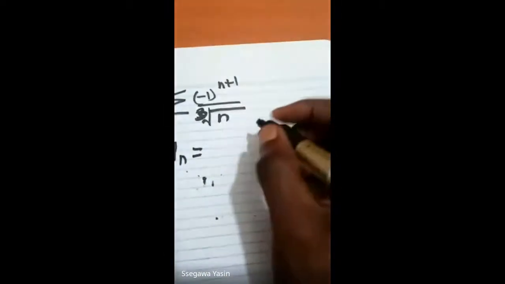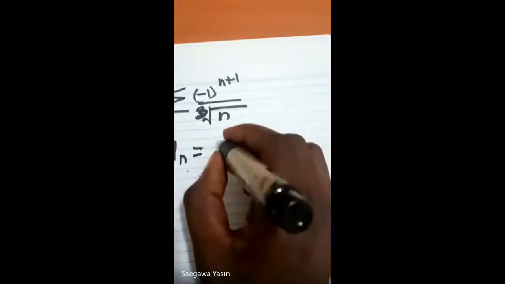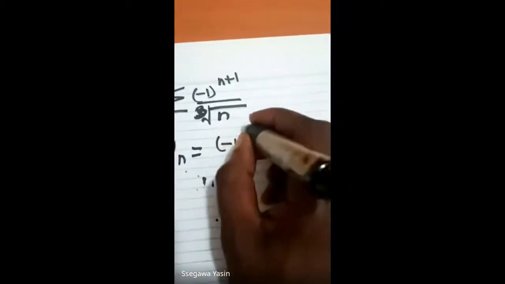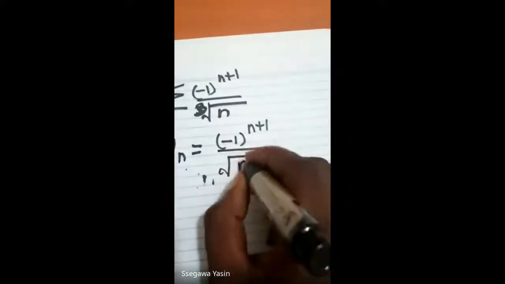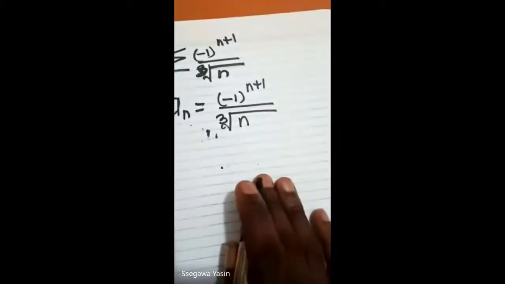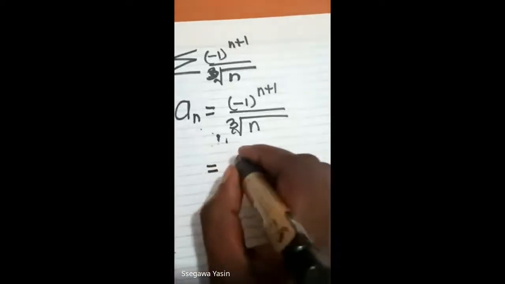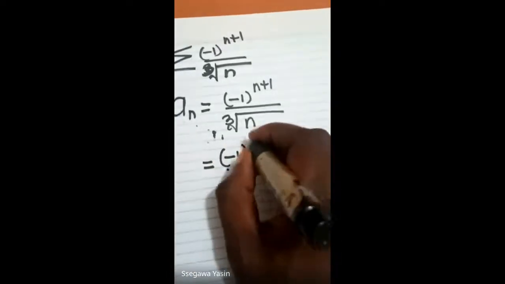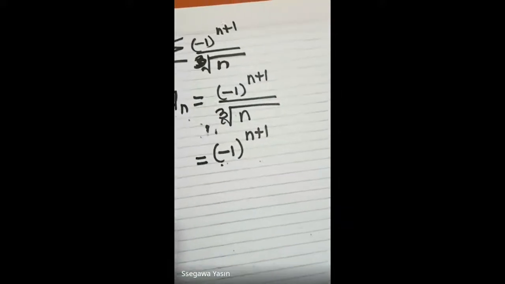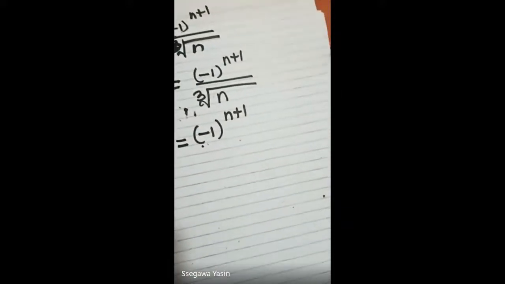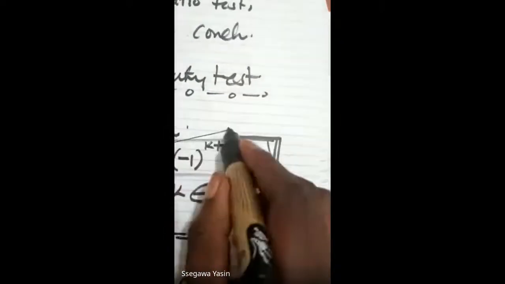You see this one here is the same as -1 to power n plus 1 all over n to the 1/3. This can be written as -1 to power n plus 1. So you see, this is something good. This is something funny. What I'm trying to capture is this guy here to be outside.